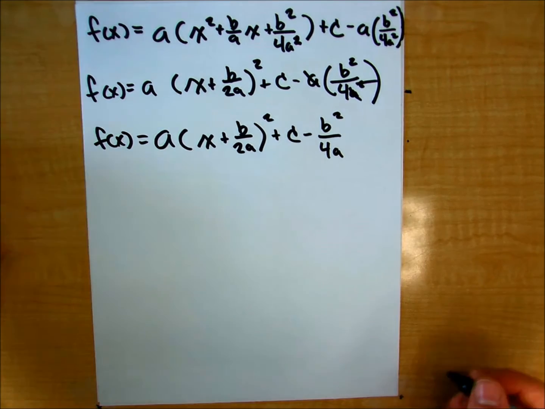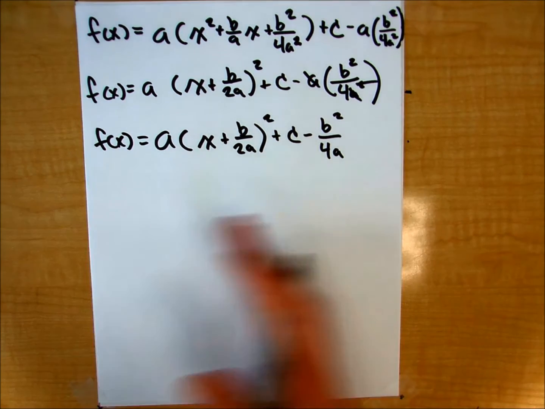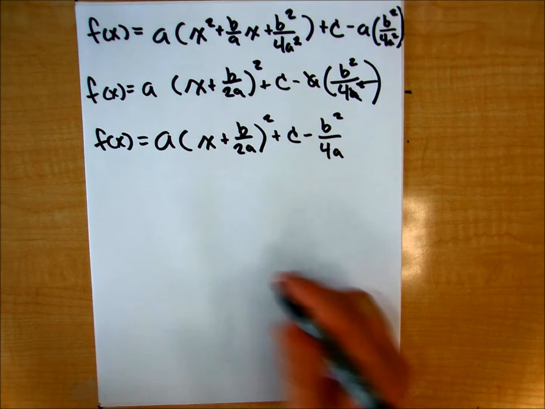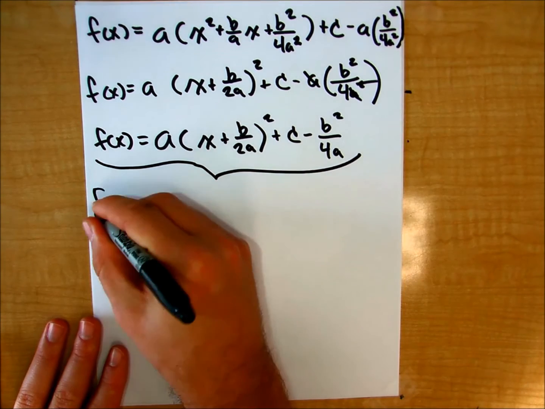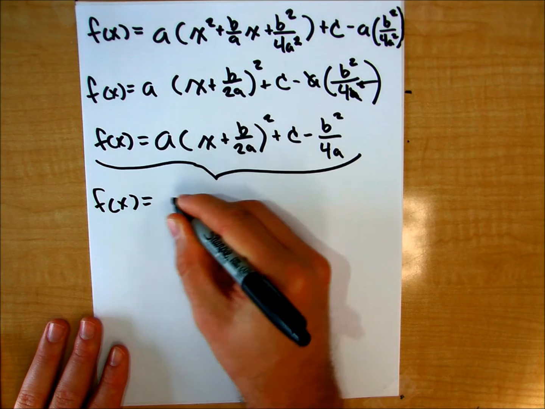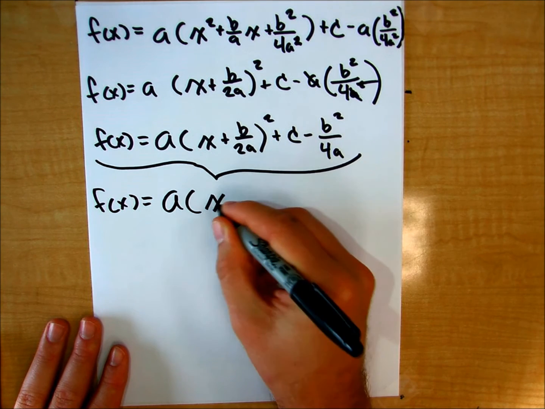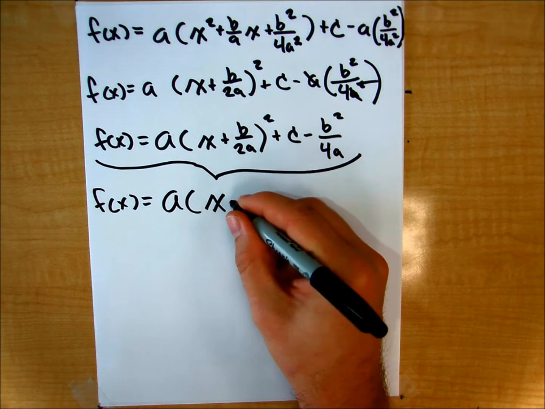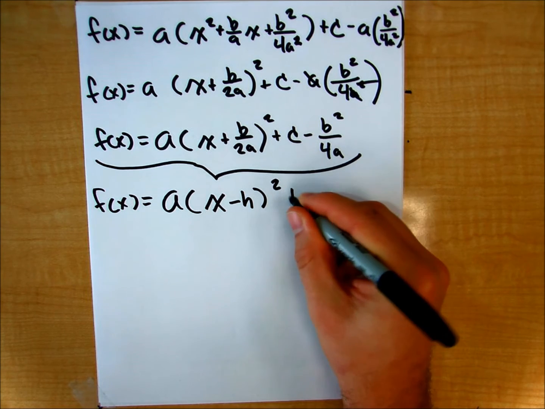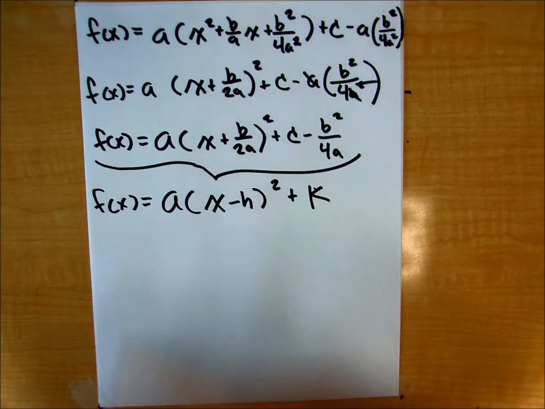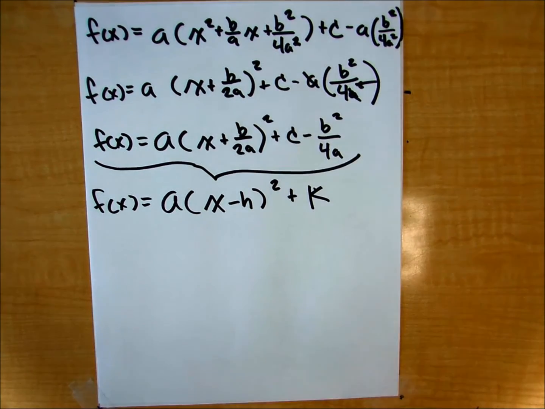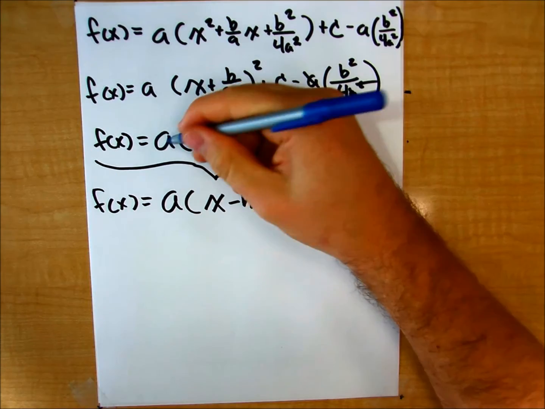Now, what do I notice here? This sort of looks like my vertex form. I have an a here.